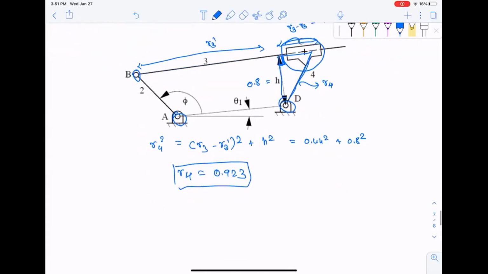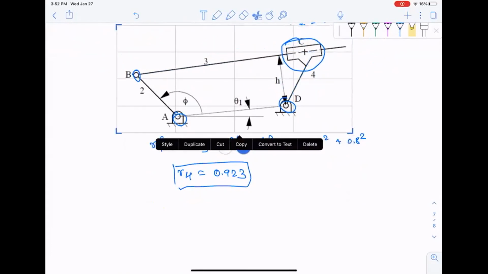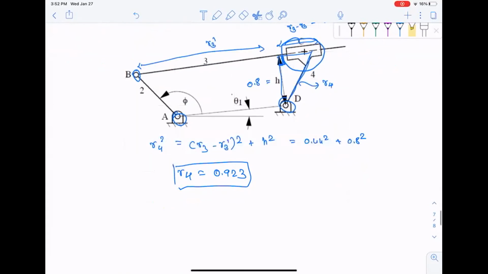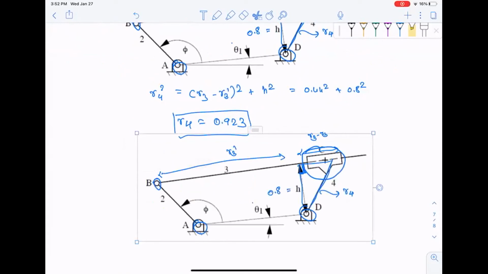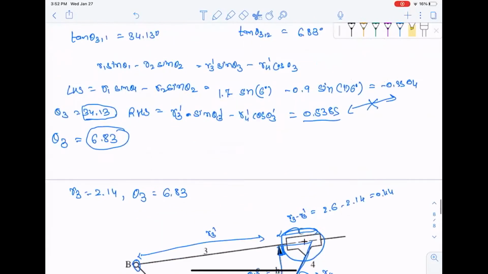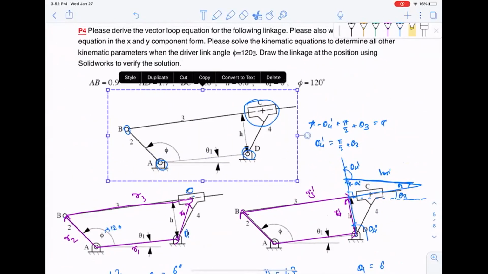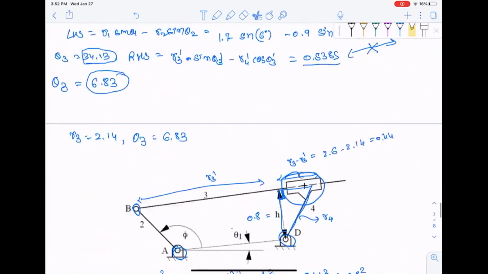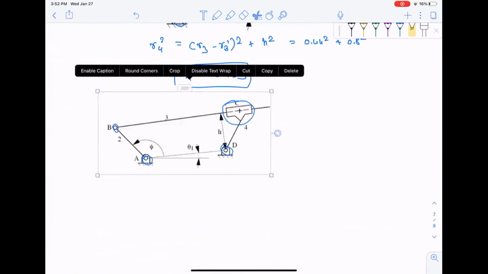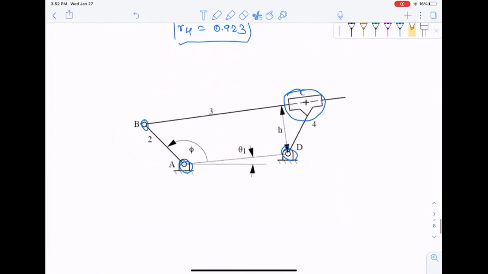Now let us find the value of theta 4. I'm going to paste this image again and make a triangle over here.